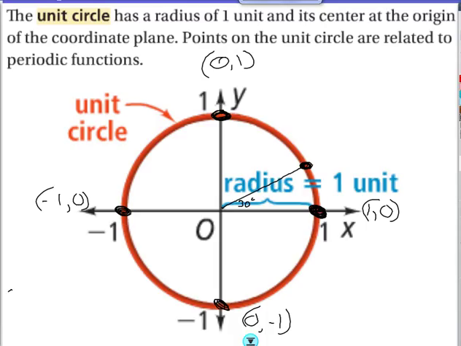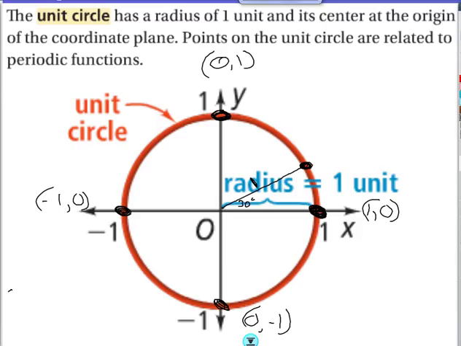Why? For one thing, how long is the radius from there to there? One. Because this is a what? Unit circle. So any radius I draw in this thing is going to have a length of 1. So I know that that is 1. Does that make sense?